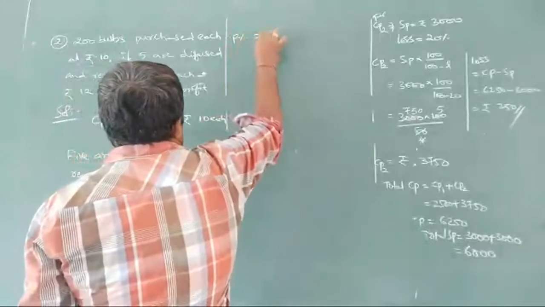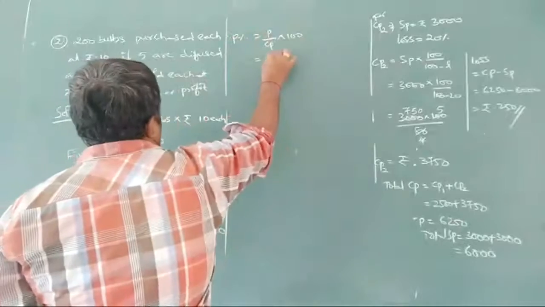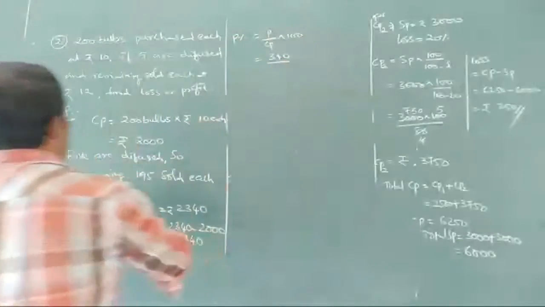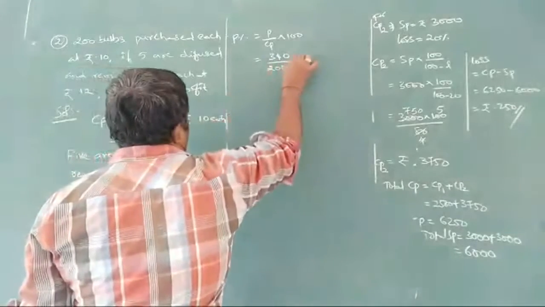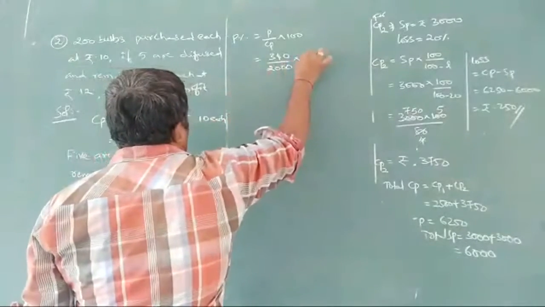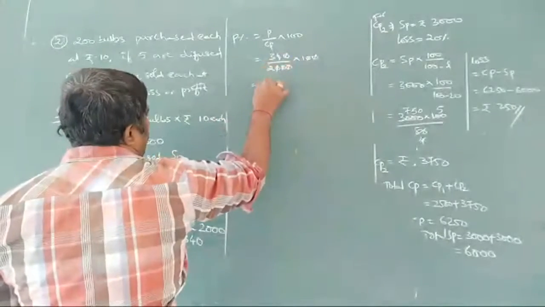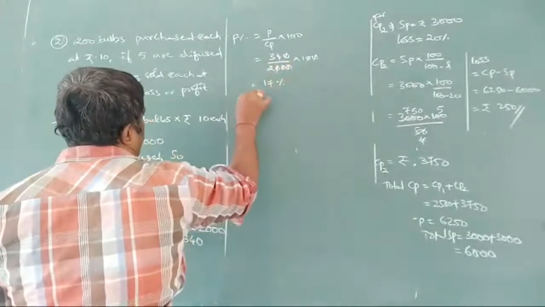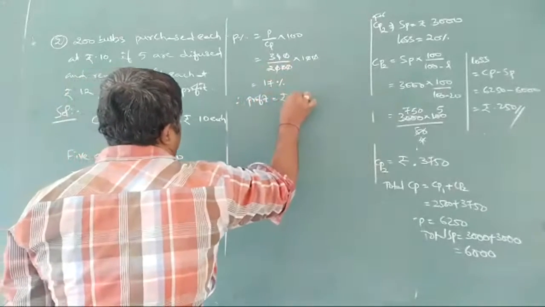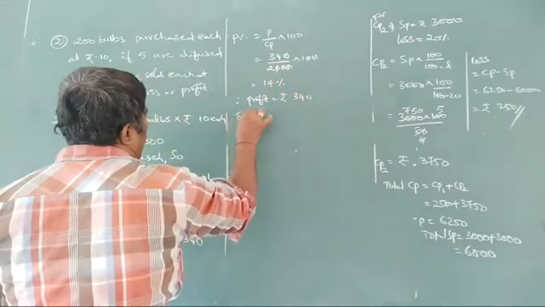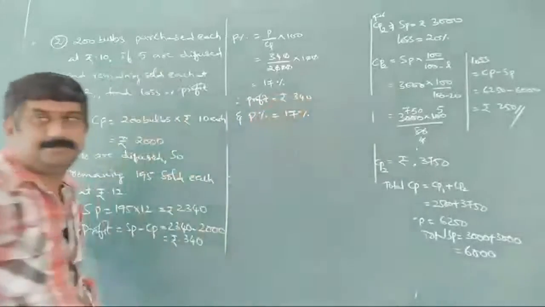Profit percentage is nothing but profit by CP into 100. How much profit did we get? 340. CP is 2000 into 100. 3 zeros are getting cancelled. How many times will it go? 17 times it will go. So therefore profit is rupees 340 and profit percentage is 17 percent.